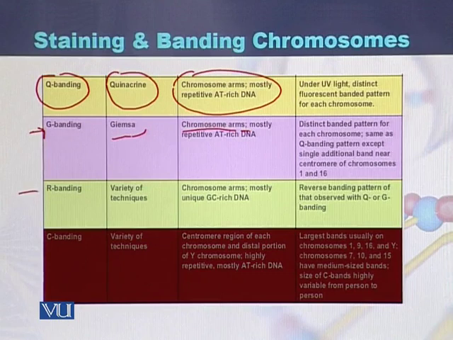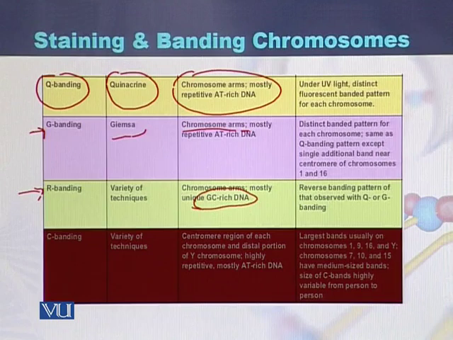While in case of R banding, there is a variety of techniques used to perform it. In this case, again, chromosome arms show the banding pattern. But R banding is specific for the GC rich region of the chromosomes.